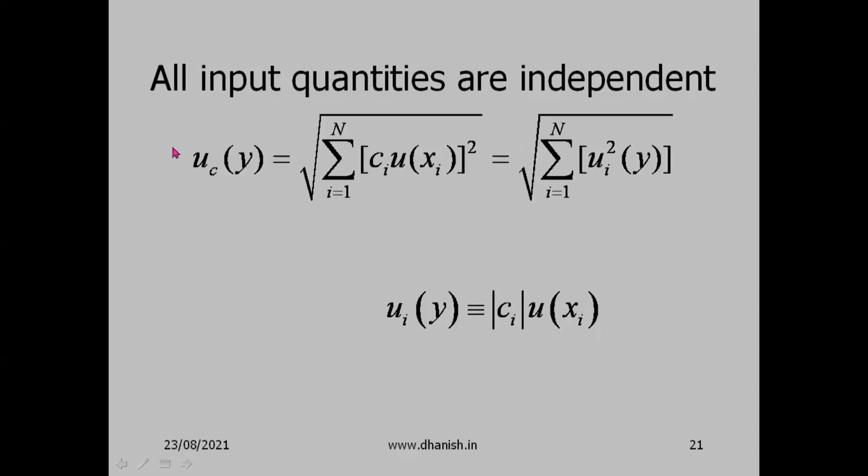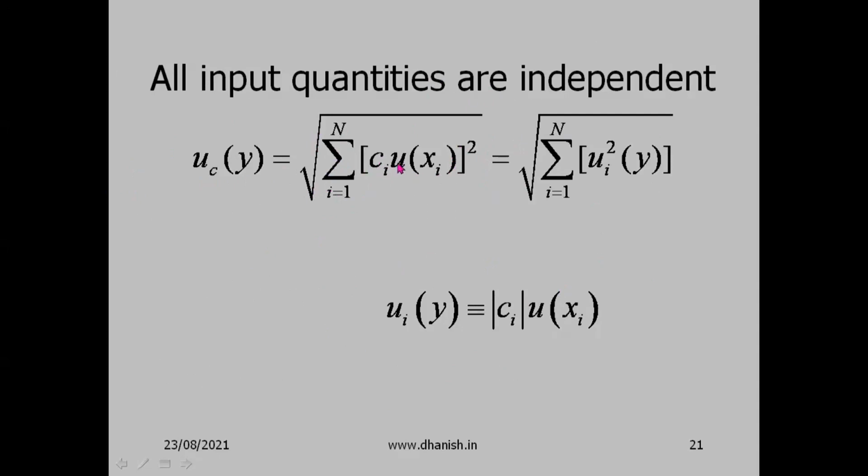Then the combined standard uncertainty of y is given by, previously it was the root sum of squares of two quantities. Now it will be sigma of i equal to 1 to n of (Ci into standard uncertainty of xi) whole squared, whole raised to half.